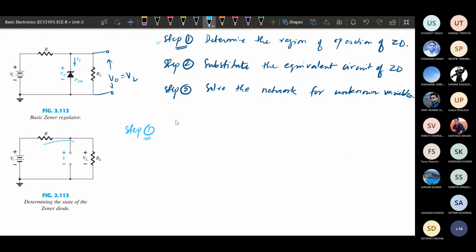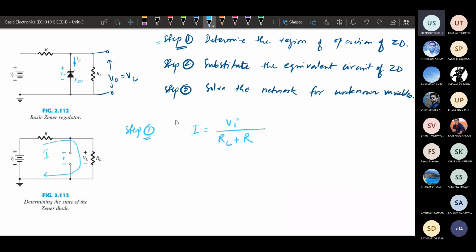The current is equal to the voltage divided by the total resistance of the circuit. So it is Vi divided by the total resistance, that is RL plus R.